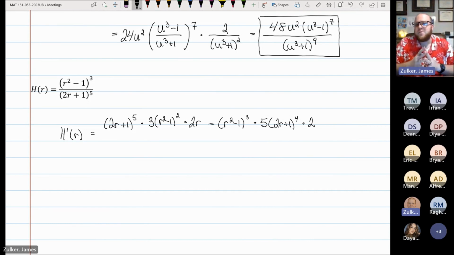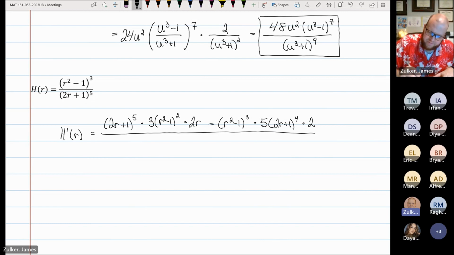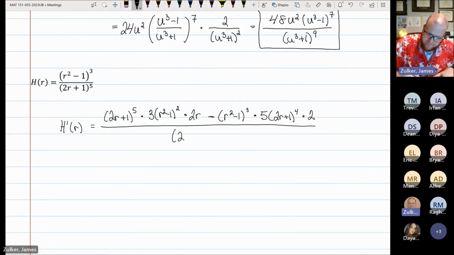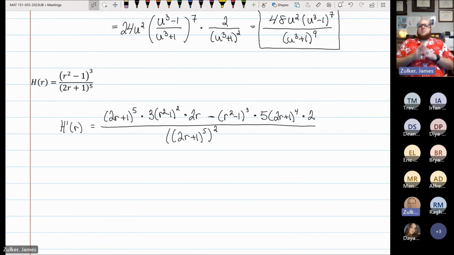Again, it's just a simple polynomial, so its derivative is simple to find. Right, and that's all over the denominator squared.